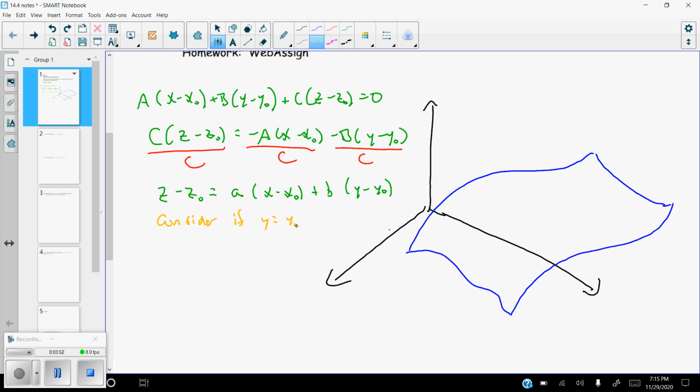So what you would end up with is z minus z naught equals a times (x minus x naught). Well, what you have there, because y is equaling y naught in this case, is something which is on a tangent line.